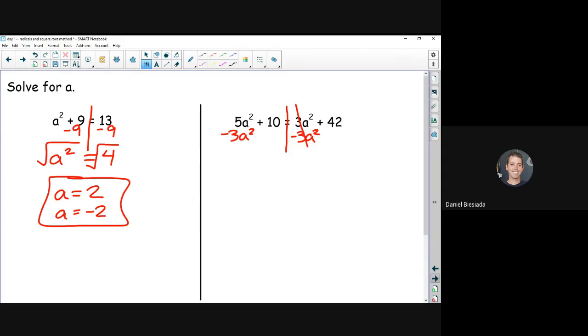As you can see, I moved my 3a squared over to the left. 5 minus 3 gives me 2. So I bring this down as 2a squared plus 10 equals 42. And now it looks like the first equation we did. It's just a matter of getting the a squared by itself. The next step would be subtracting 10.